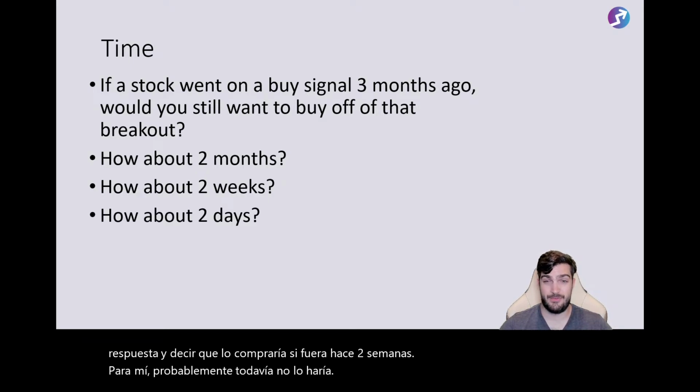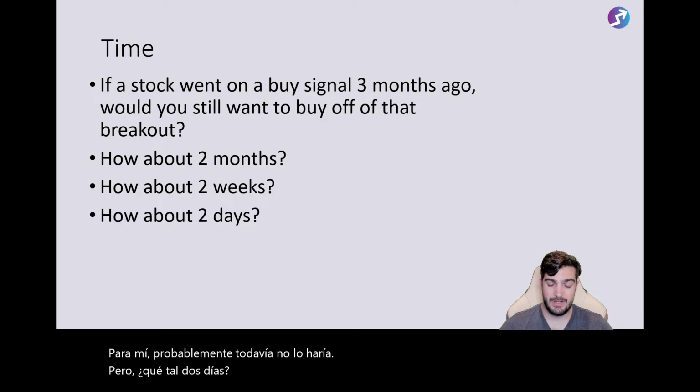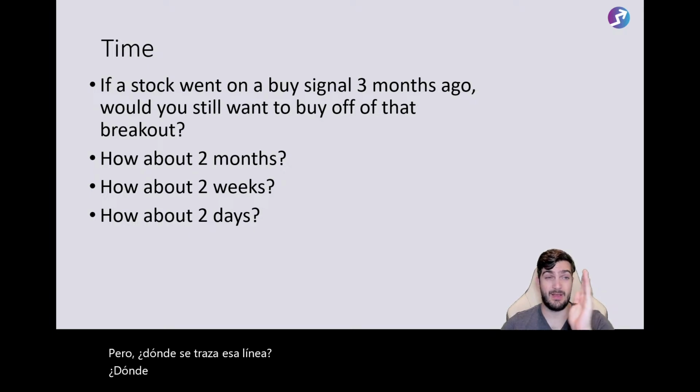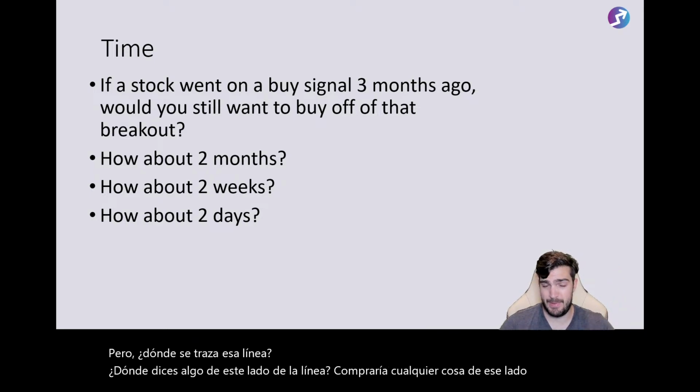But how about 2 days? I think just about everyone would buy a breakout if the breakout was 2 days ago. But where do you draw that line? Where do you say anything this side of the line I would buy, anything that side of the line I wouldn't buy?